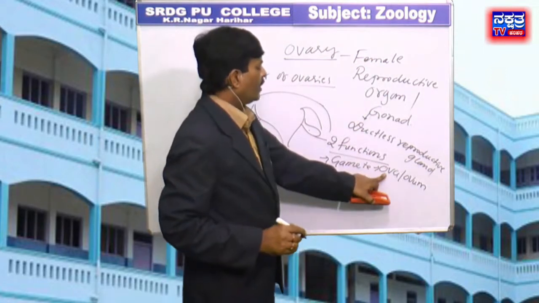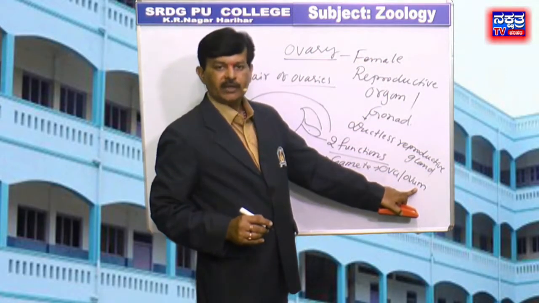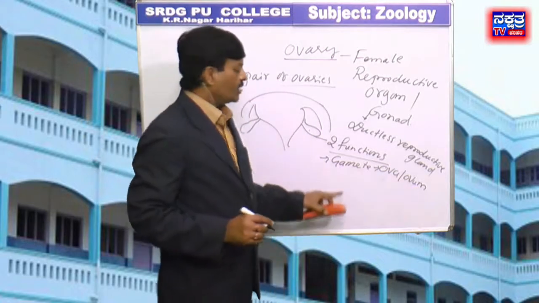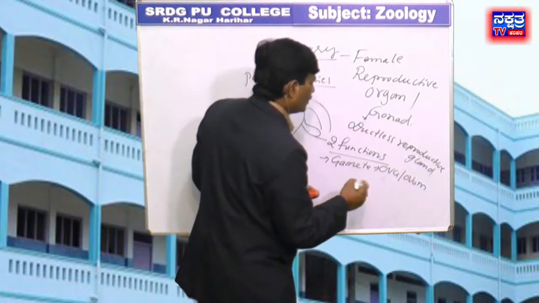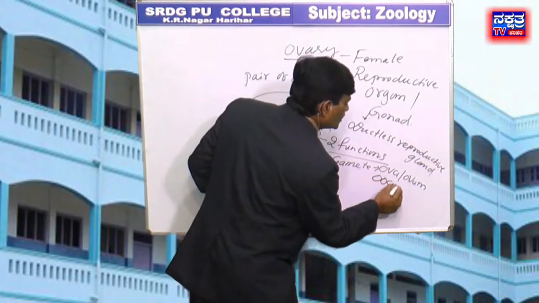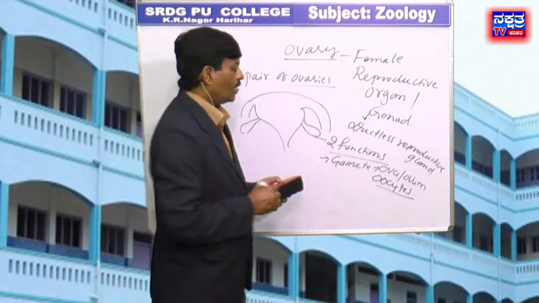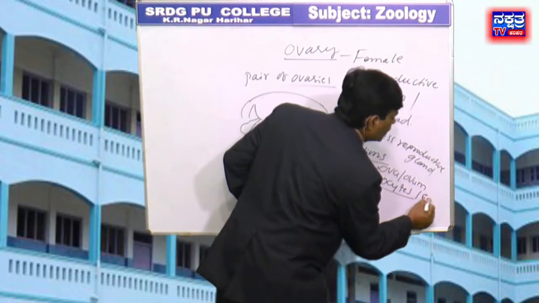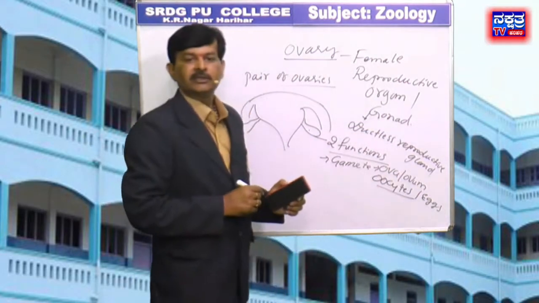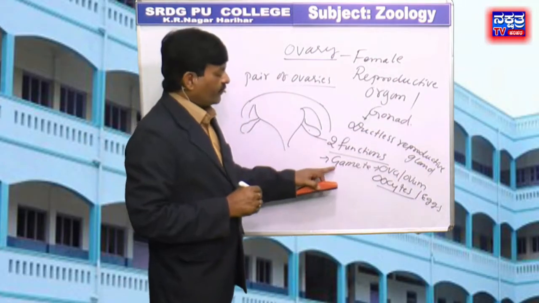Ova is plural word, ovum is singular word, okay, also called oocytes or eggs, for the fertilization.